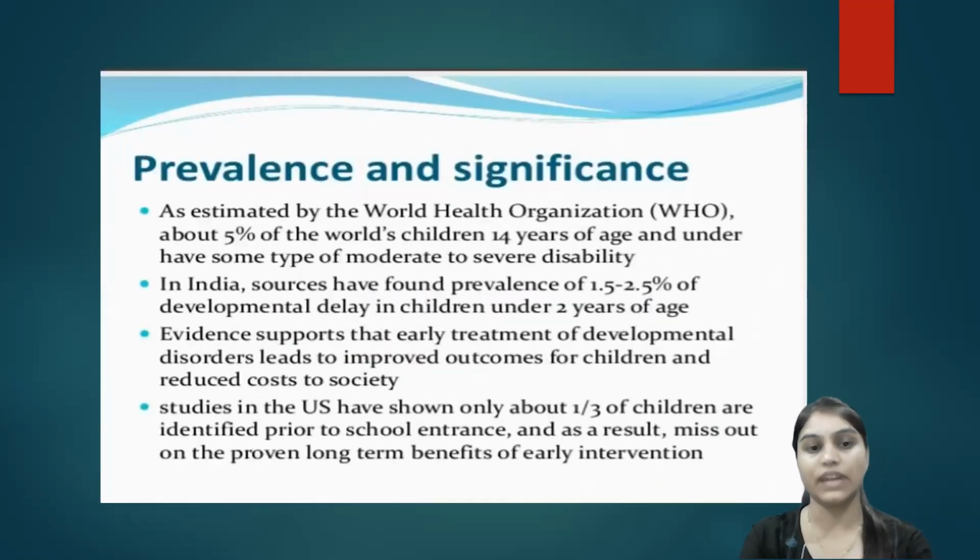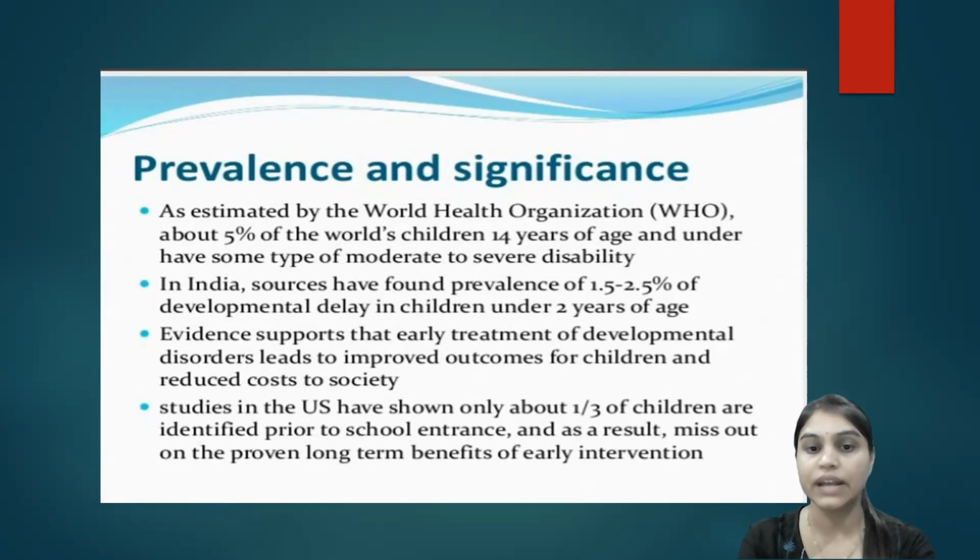Prevalence and significance. As estimated by the World Health Organization, WHO, about 5% of the world's children 14 years of age and under have some type of moderate to severe disability. In India, sources have found a prevalence of 1.5 to 2.5% of developmental delay in children under 2 years of age.